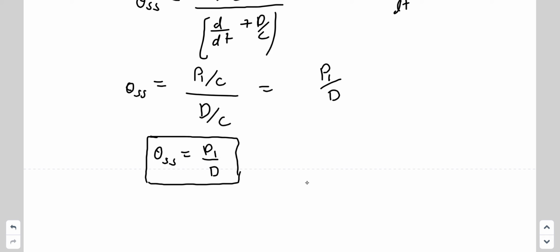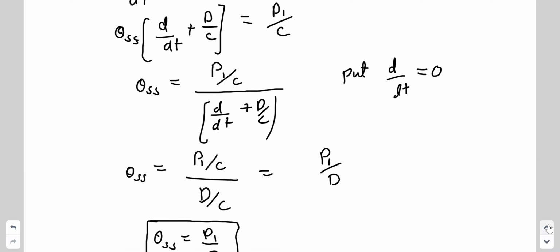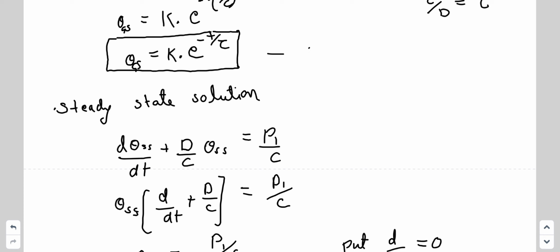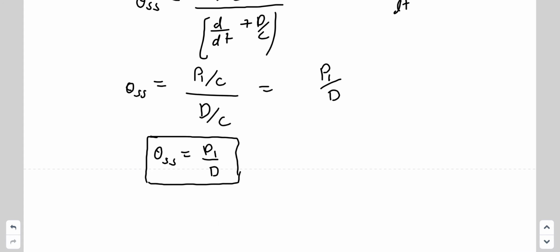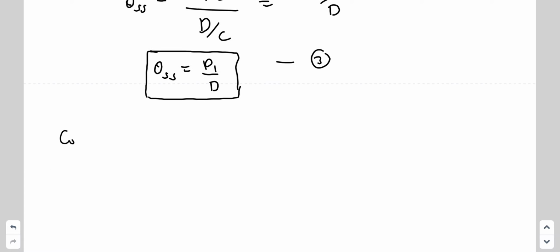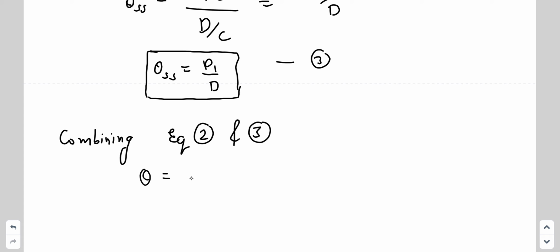Now combining these two equations, this will be our second equation, this will be third. After combining equations second and third, theta will be equal to theta GS plus theta SS.